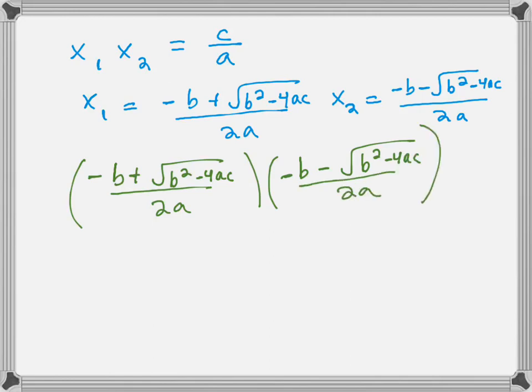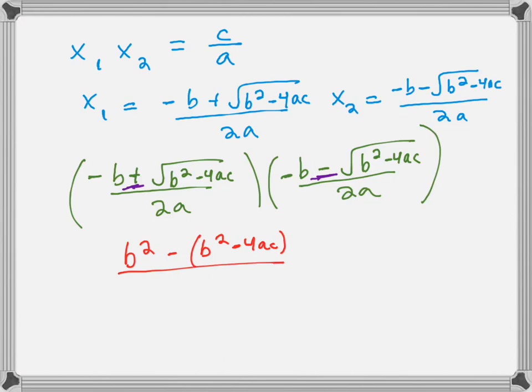This is actually a difference of squares here, right? So we see this positive and negative, and our first and last terms are the same. So this actually becomes really nice. This just multiplies to be b squared, and because it's a difference of squares, we don't have to worry about the middle terms. We just get minus root b squared minus 4ac, squared, which just becomes b squared minus 4ac.